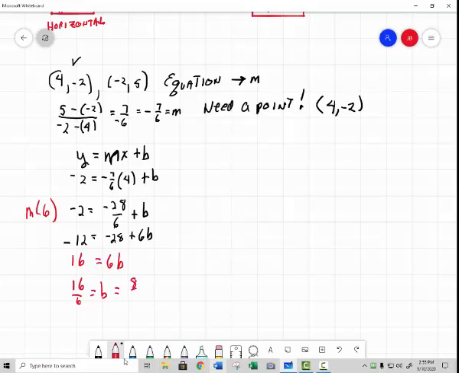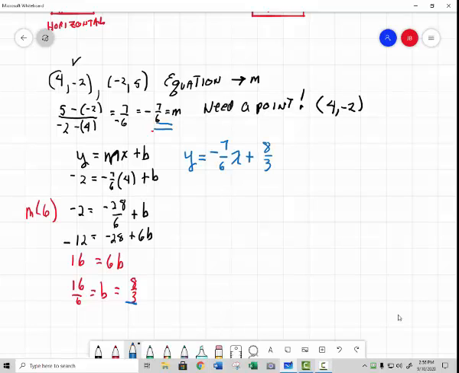So now I know that b is 8/3, and I can take my slope, which I know now. I know my slope is -7/6. I know b, so y equals mx plus b.